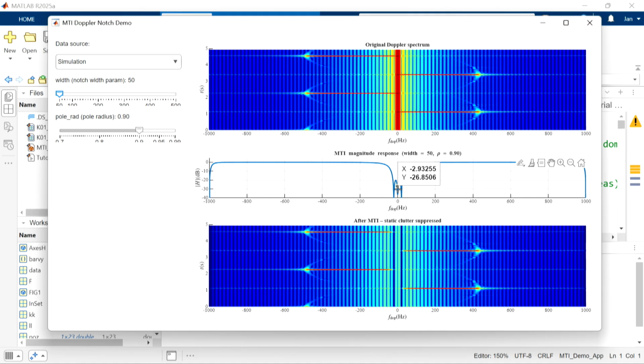If I continuously increase it, these two lines go closer and closer to each other.